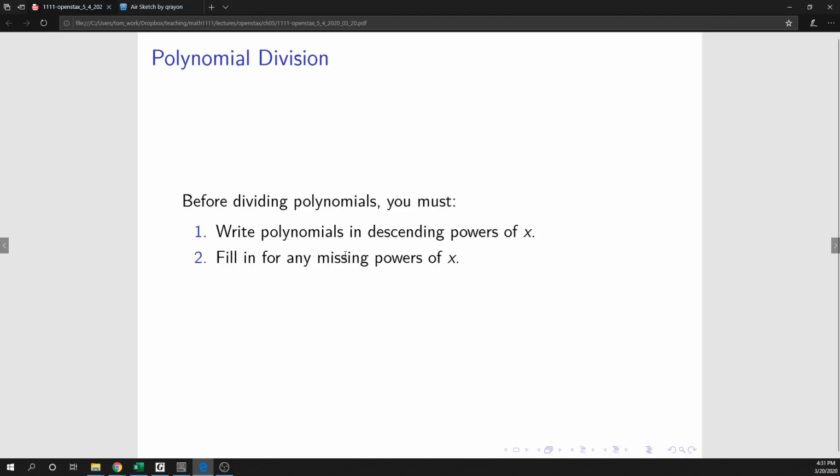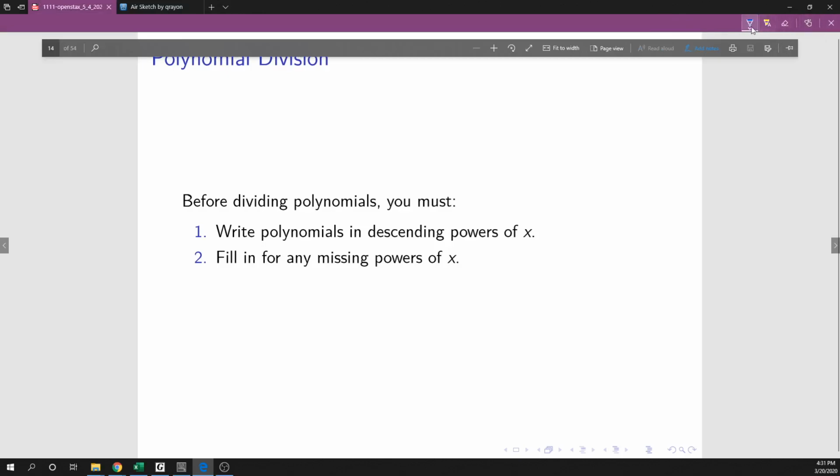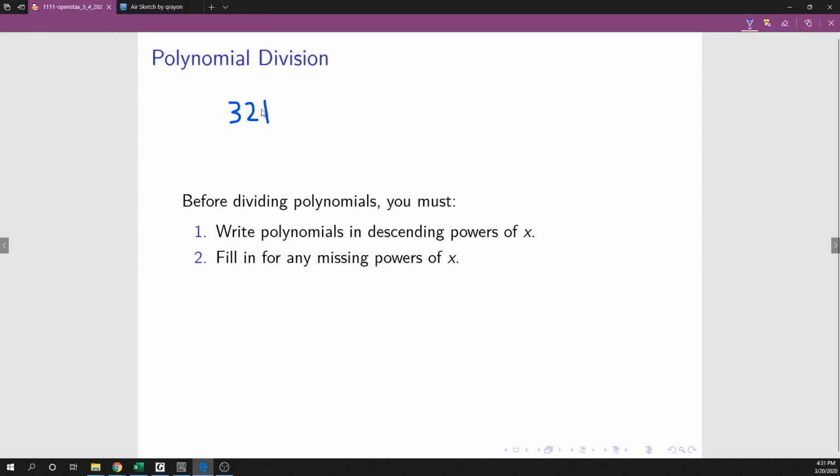And so, the reason why you have to do this is because with regular numbers, remember, these steps that we're using are the same as the ones for regular numbers. Well, if I have a number that looks like 321, the order in which the digits are matters in our system. In other words, 1, 2, 3 is a totally different number from 3, 2, 1.